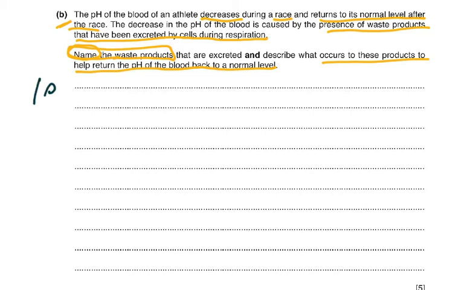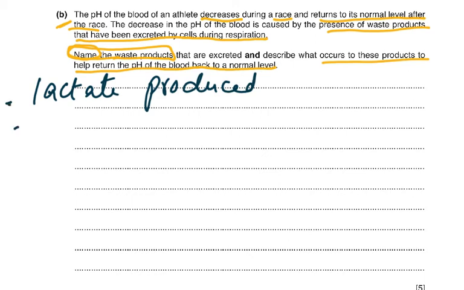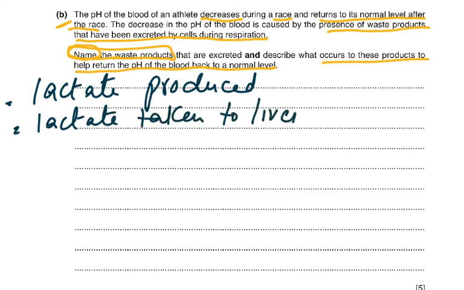So the first point is lactate produced. Lactate is also called lactic acid. So where was the lactate produced? The lactate was produced in the muscles. Lactate taken to the liver.